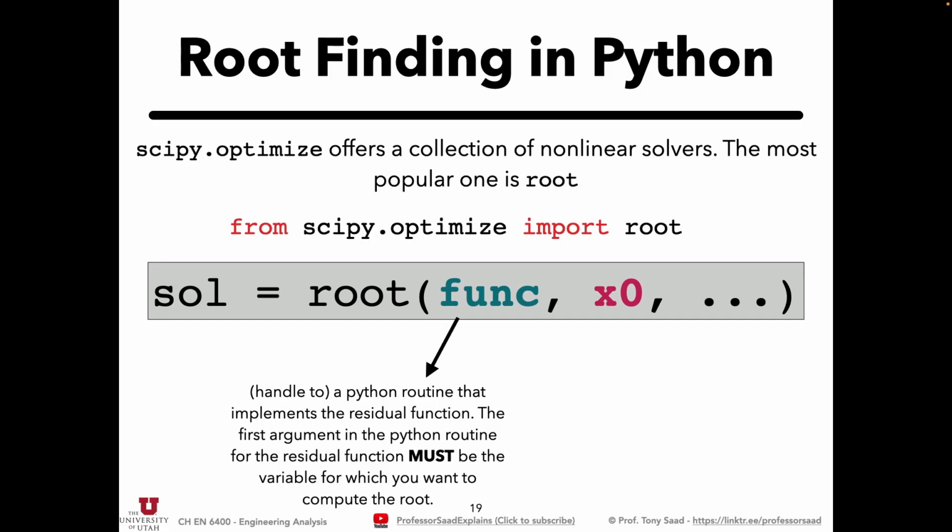You're not going to put the routine here. You're going to put the name of that routine. So if your routine is called my residual function, which you define somewhere in the code, all you have to say here is my residual function. Python internally assumes that this is the name of a Python routine and just calls it. Okay? By definition, the first argument in this Python routine of the residual must be the variable for which you want to compute the root.